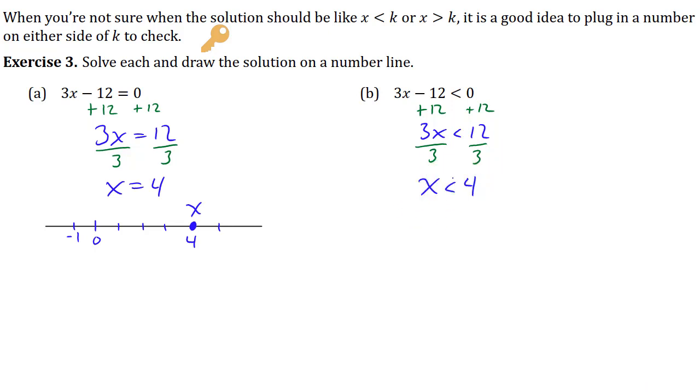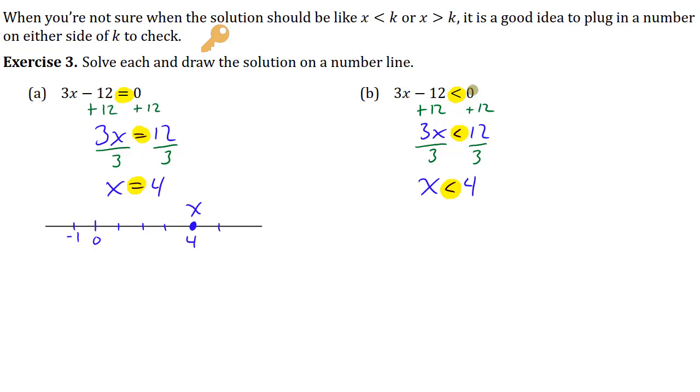So if you just imagine that this less than symbol was an equal sign, we found the value of x that makes 3x minus 12 equal to 0. It's x equals 4. It makes both sides of the original equation equal.